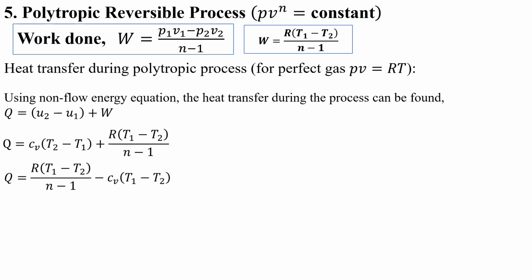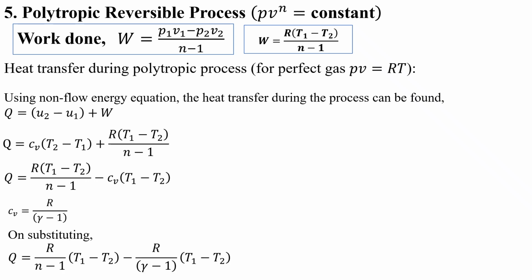So this equation we can rewrite as Q equals R into T1 minus T2 divided by n minus 1 minus CV into T1 minus T2. So we know the relation between CV and R, that is CV equals R divided by gamma minus 1.